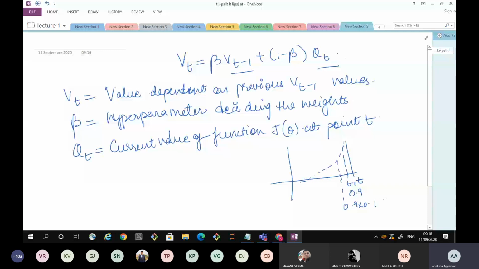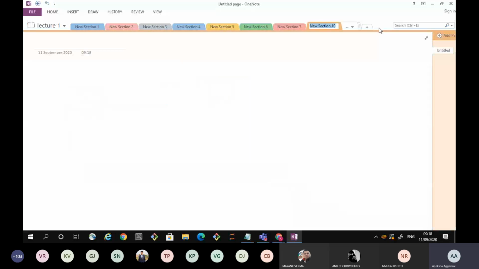Okay, so leave that part, but still, Vt is basically the value that is dependent on previous value. So if I am talking about momentum optimization, for the momentum optimization algorithm, what would be my equation?